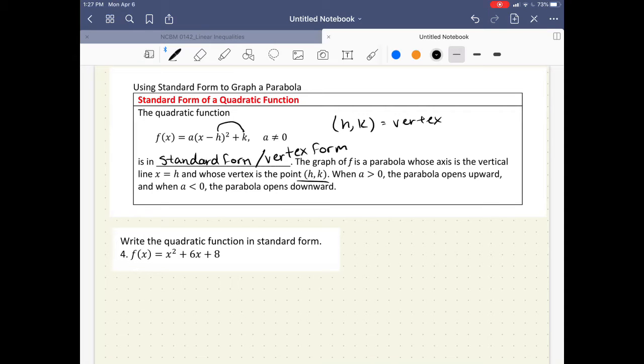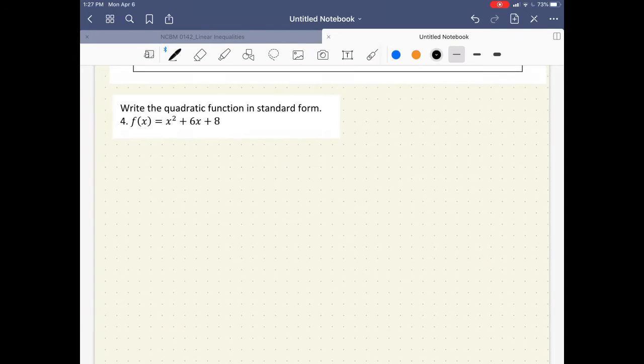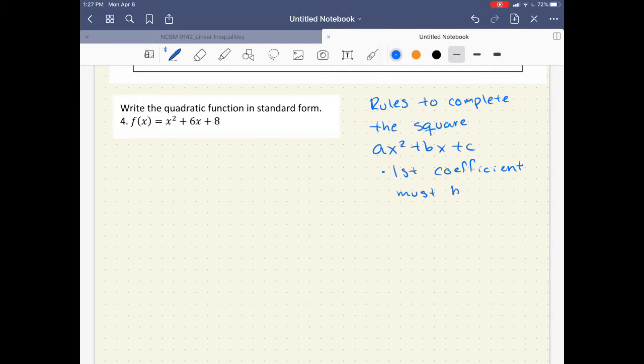So, how do we complete the square? So, rules to complete the square. We're in ax squared plus bx plus c. Then our first rule would be that the first coefficient must be 1.